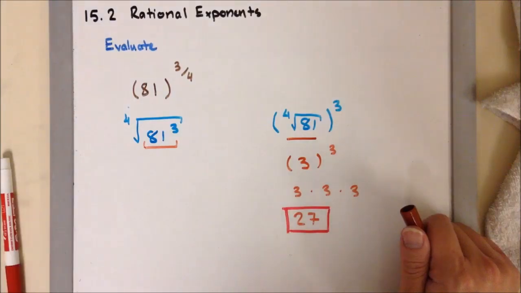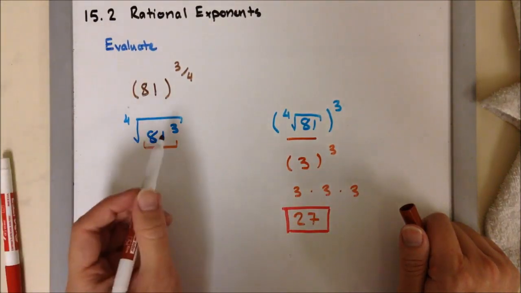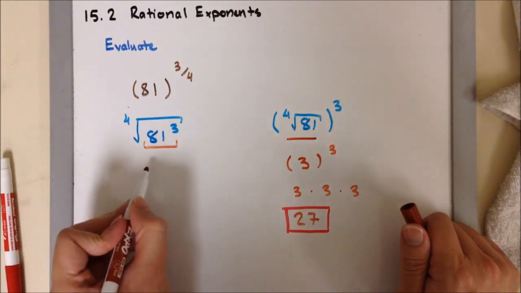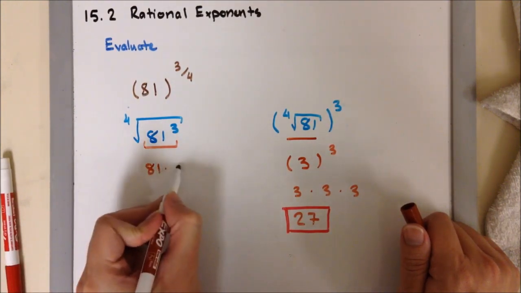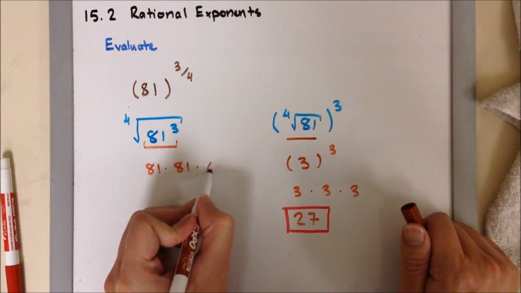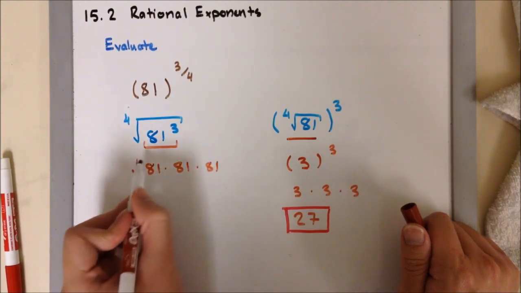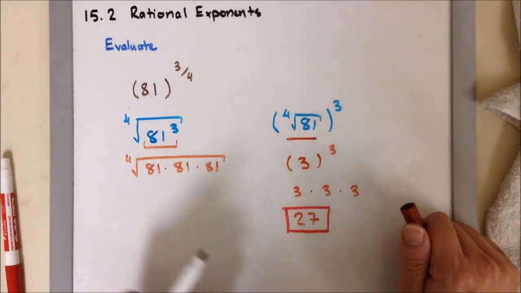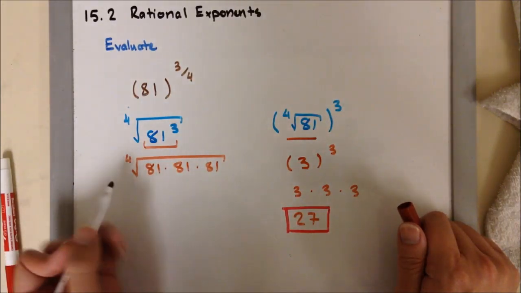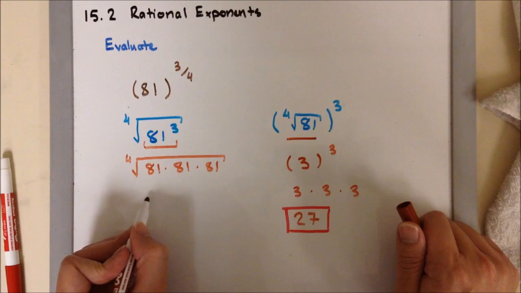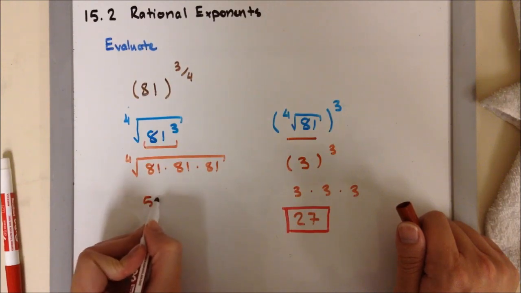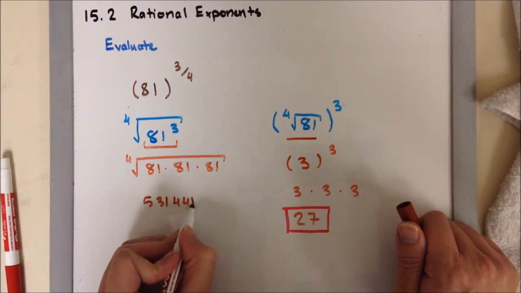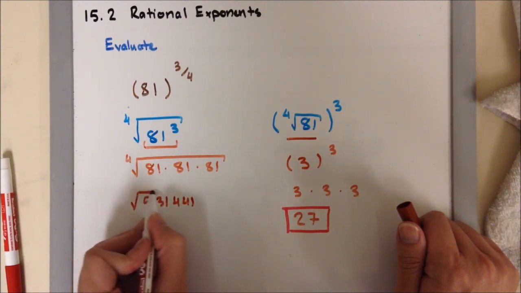So 81 to the third power, 81 times 81 times 81, which I'm going to write out inside the fourth root. You can imagine it's going to be a huge number. So 81 to the third power is going to be 531,441 inside the fourth root.